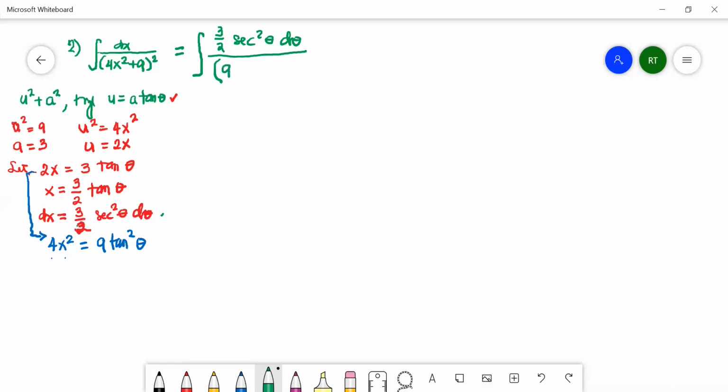So we write 9 tangent square of theta to replace 4x squared, then plus 9, and this must be raised to the second power.